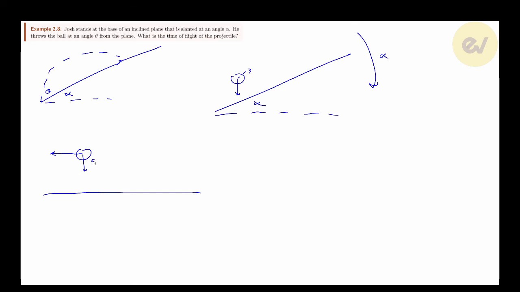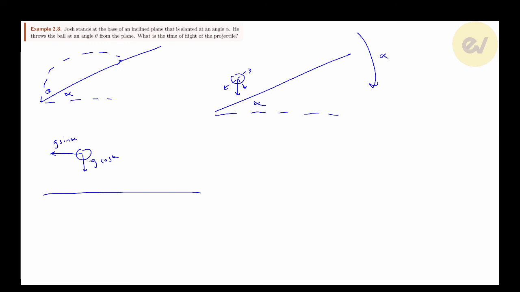Namely, it has a component of g times the cosine of alpha downward. You can think of it like this. This is g times the cosine of alpha downward, and g times the sine of alpha parallel to the plane. And yeah, so it has these two components of acceleration.